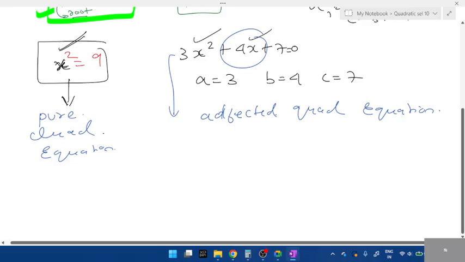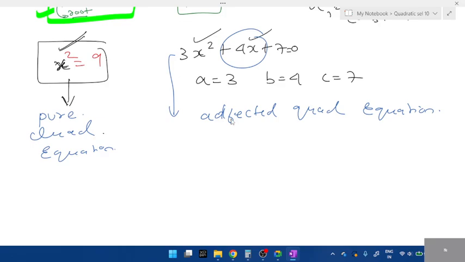An affected quadratic. Yes, the name is affected quadratic equation.